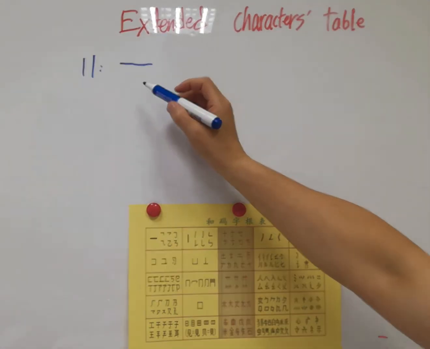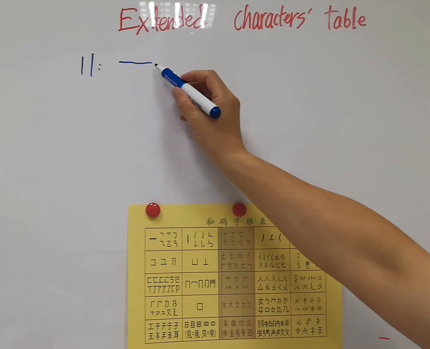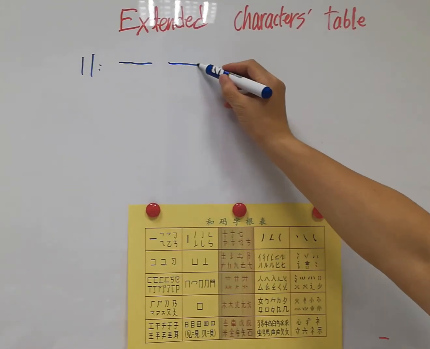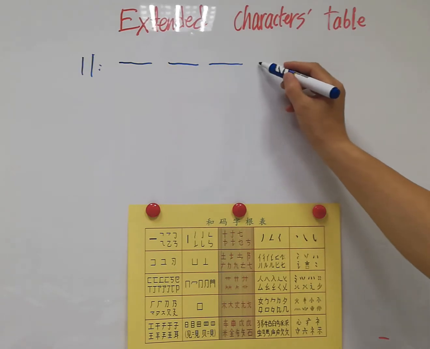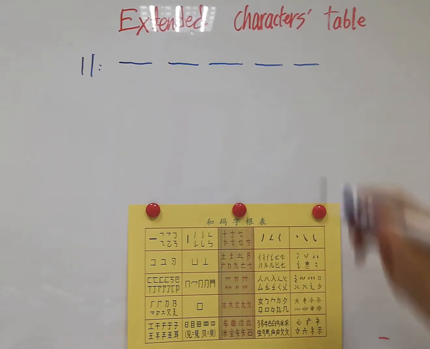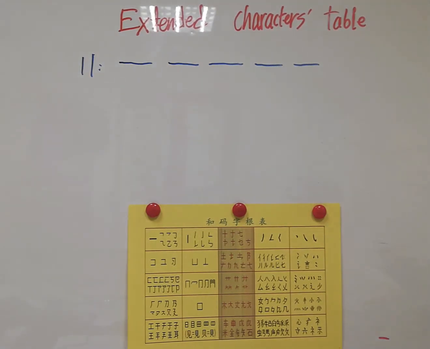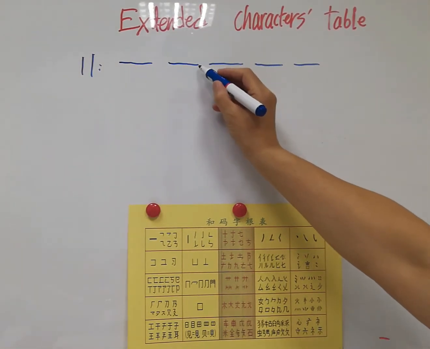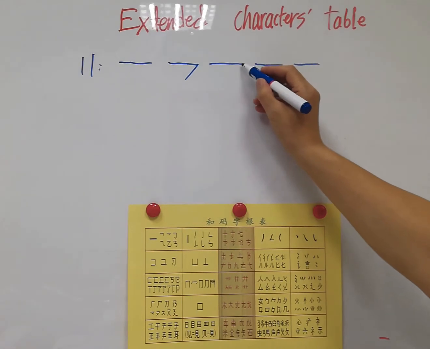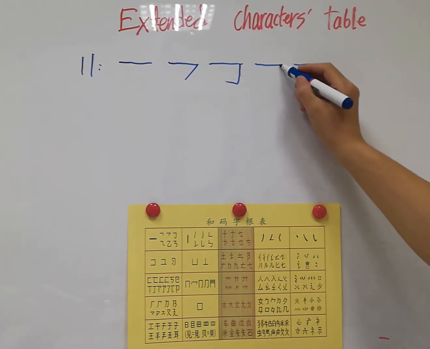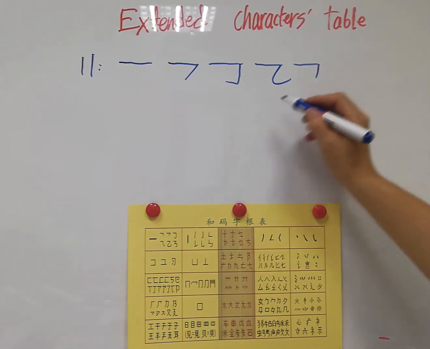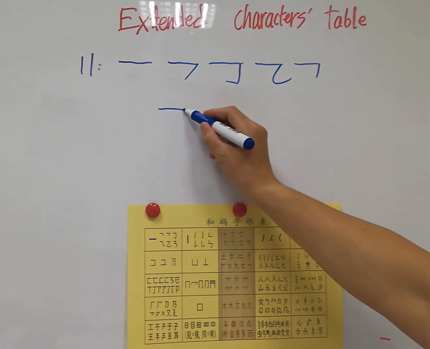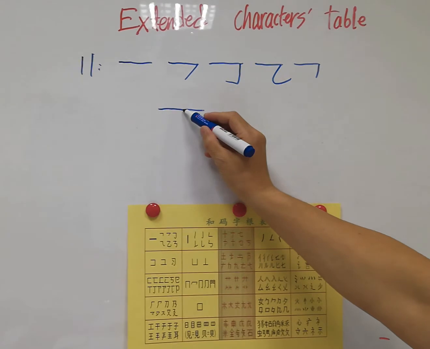We already know stroke HeChinese code is 11. Now we add a modification to the strokes. Like this, like this, like this. This one looks like a long HeChin, but break in the middle.